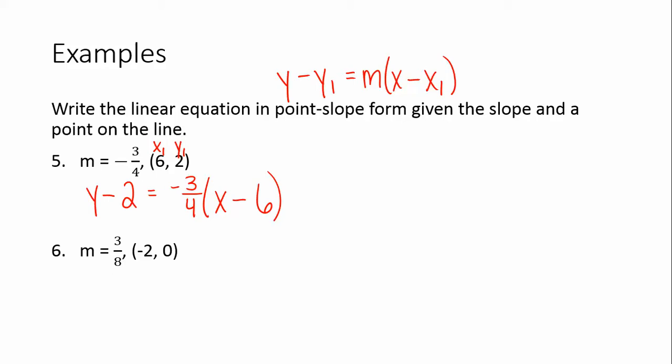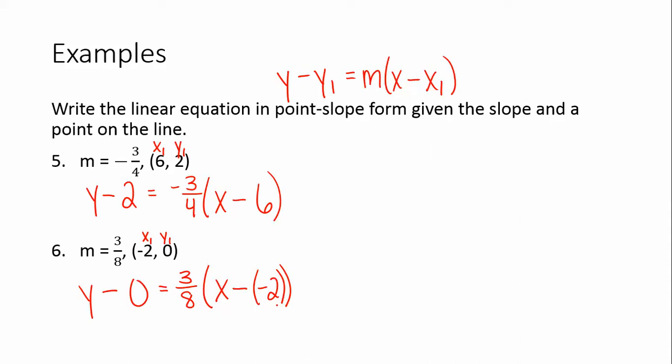Let's try number 6. We have a slope of 3/8 and an ordered pair of (-2, 0). So again, if you want to label x1, y1, we have y minus 0 equals, plugging in the slope, 3/8 times x. Now this is where we do need to be careful. This is a -2, so minus a -2. But we don't want to leave it like that.